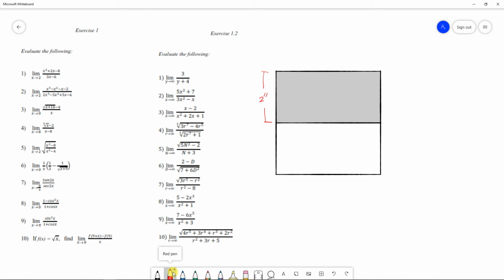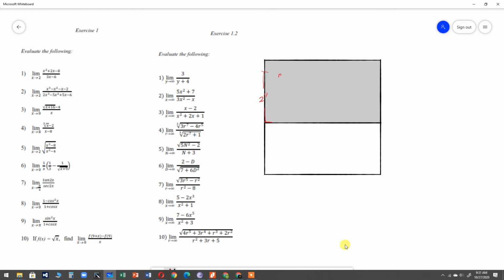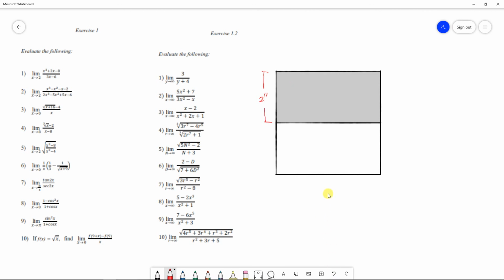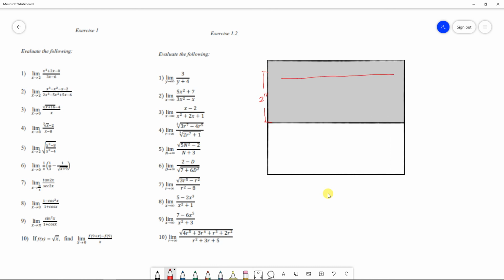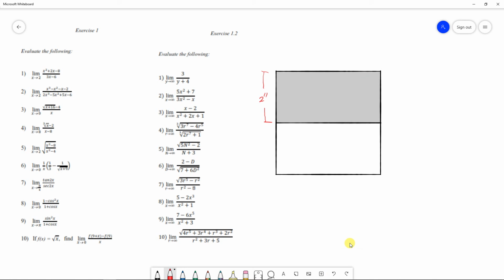Okay, tapos on the first part, write your name. Unahin ang apelyido, surname, first name, and middle initial.